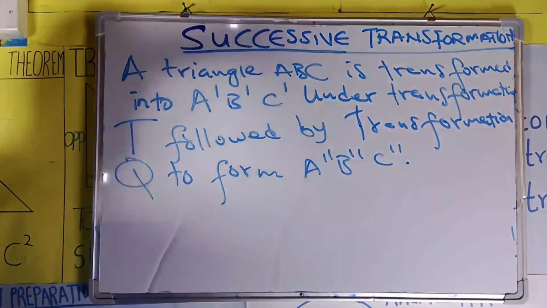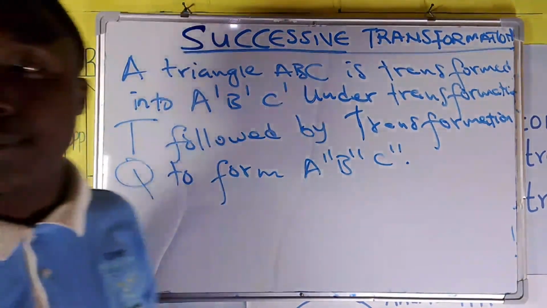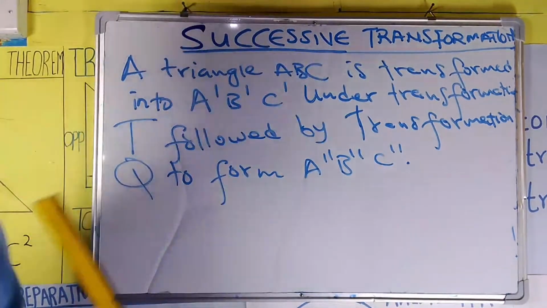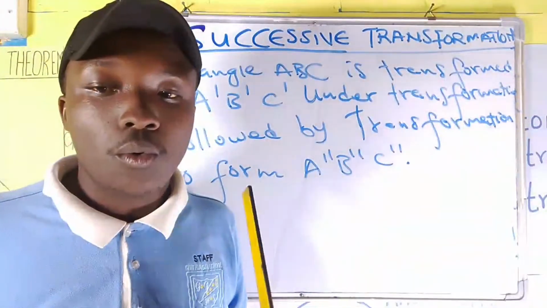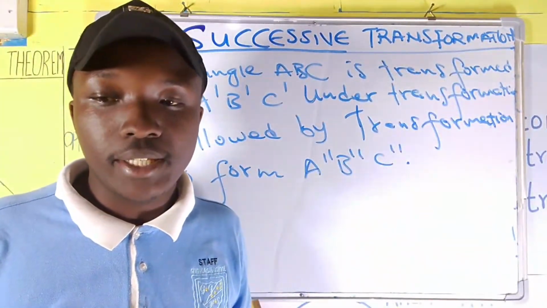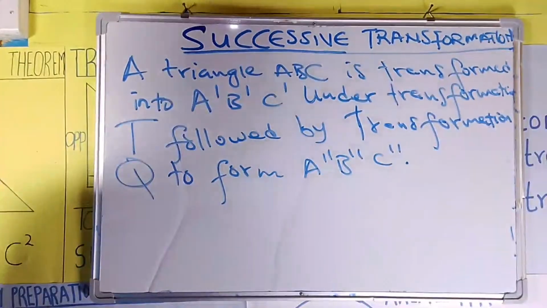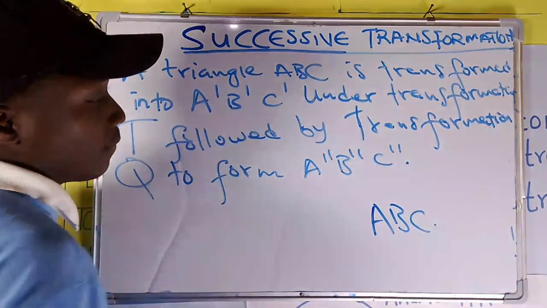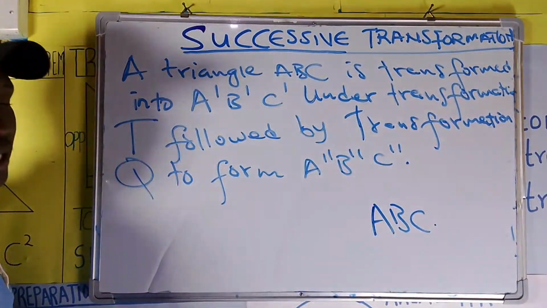So when you are given that, I want to explain a little bit about what successive transformation means. We have our triangle ABC.